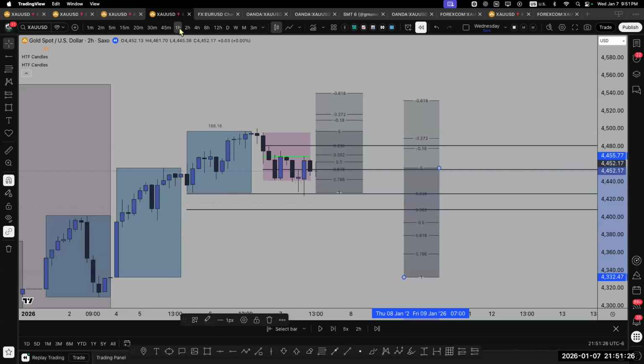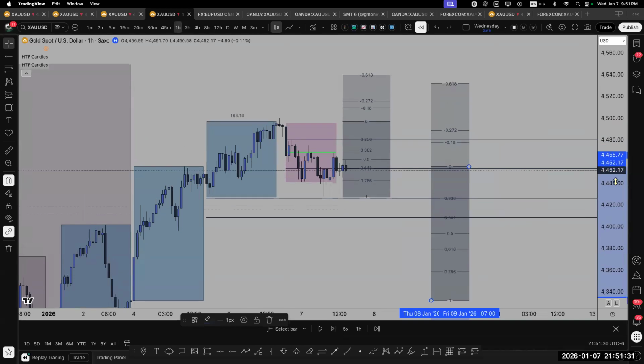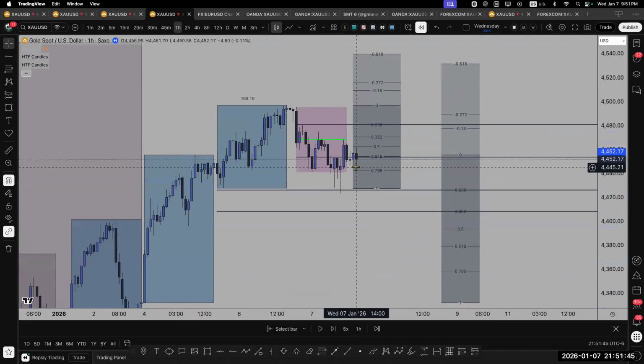Okay, let me go to the hour chart. There it is. So to me, that's the reason why we were able to pump up stronger, because we finally touched the 23% of Monday. Yes, we took out the low here, we took out the low there this previous day. Definitely volume there. But again, we pumped back up.